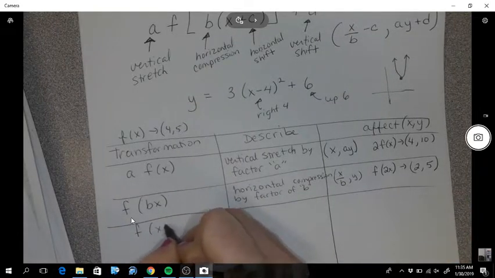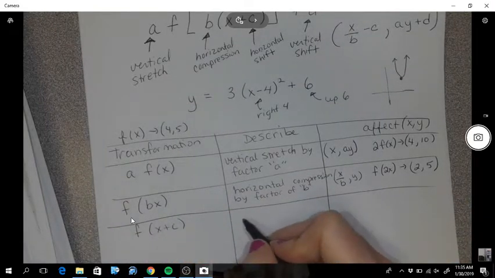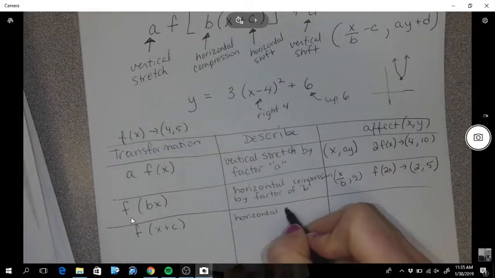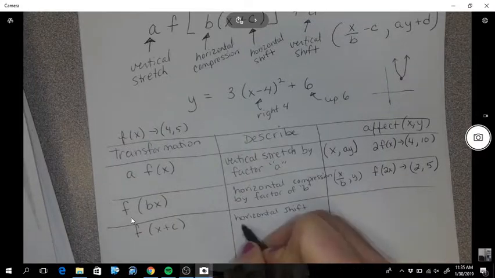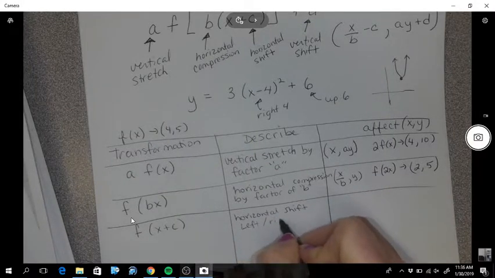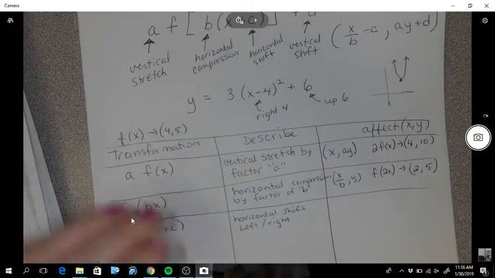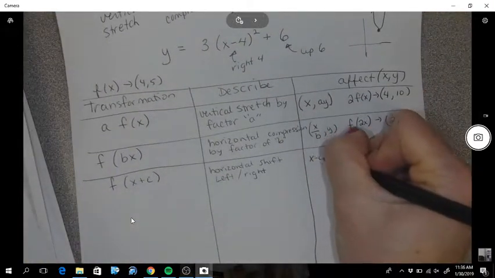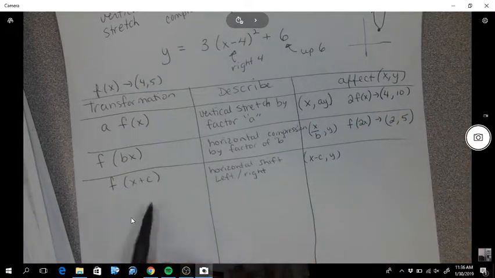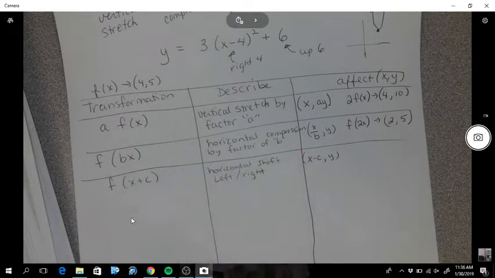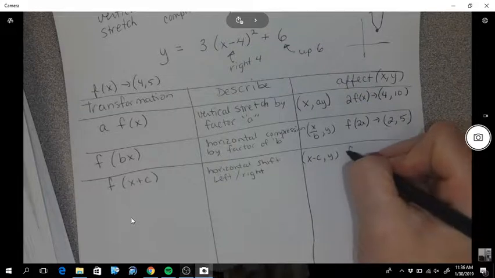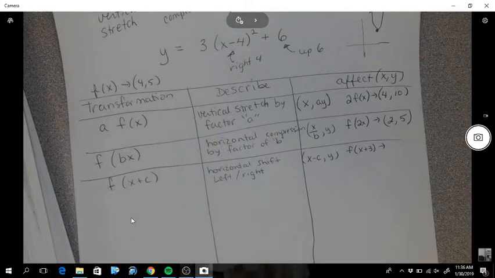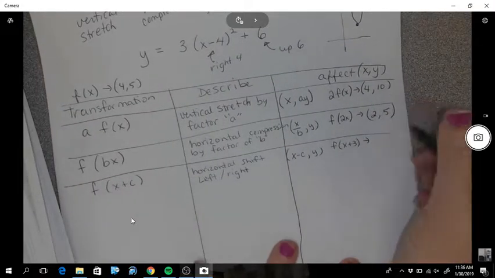Okay, f of x plus c. So horizontal shift. And again, it can go left or right according to the c value. And so it would go in opposite manner of what you would see. So if I had f of x plus 3, then that would move left 3.